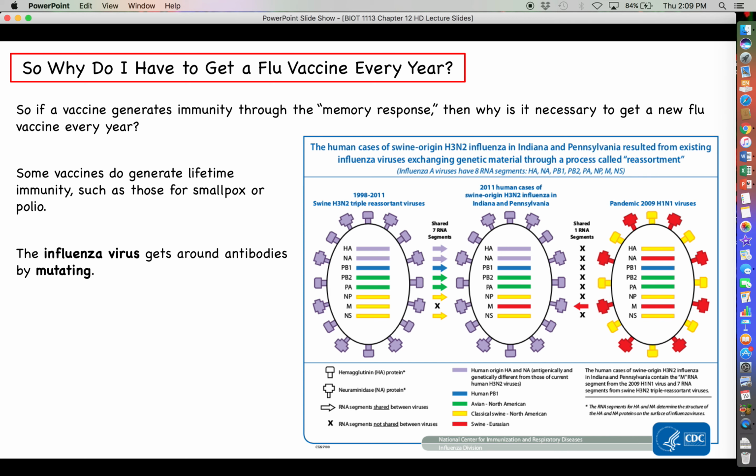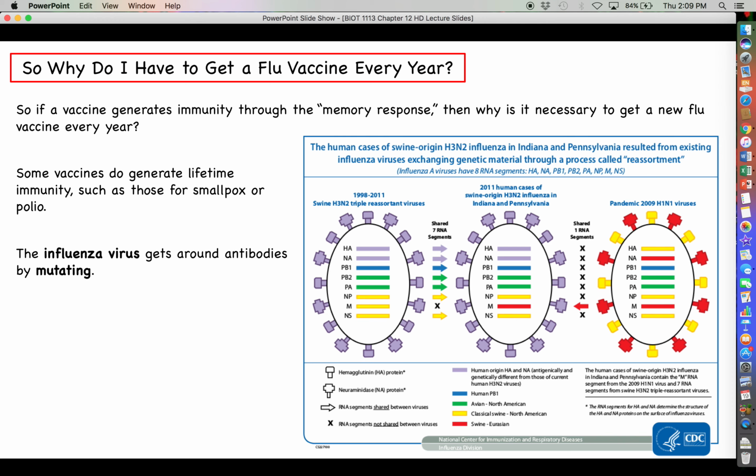So, if the previous year's influenza vaccine uses an antigen from the previous year's virus, well, next year's virus may have mutated so that that antigen is no longer applicable. It's basically obsolete at that point.